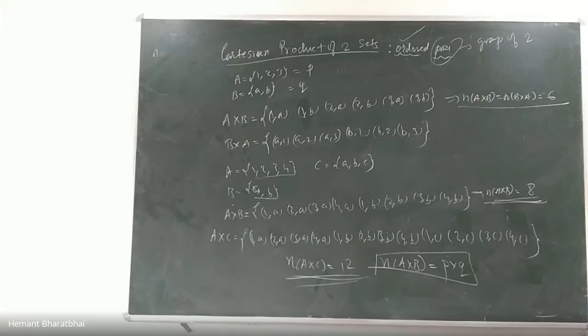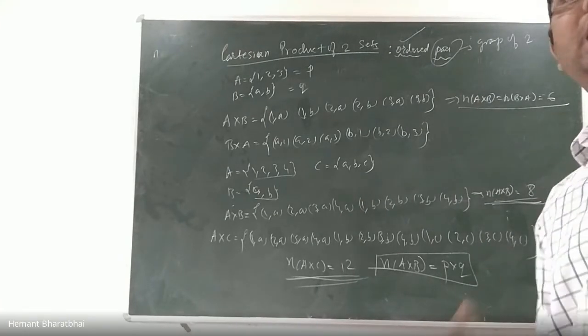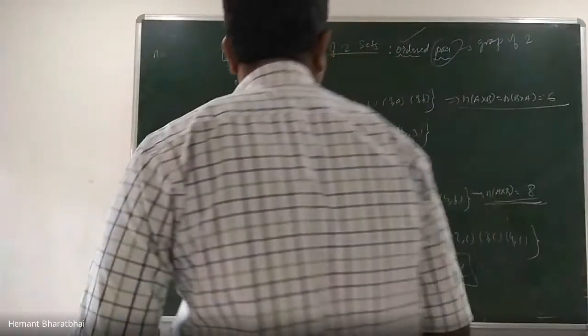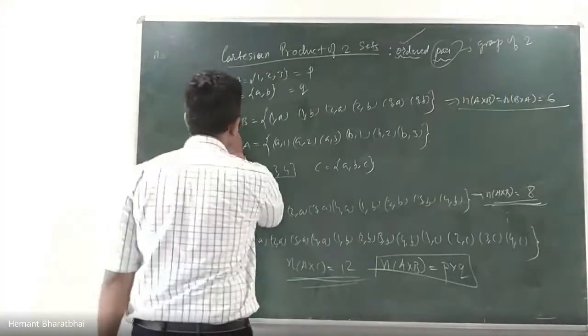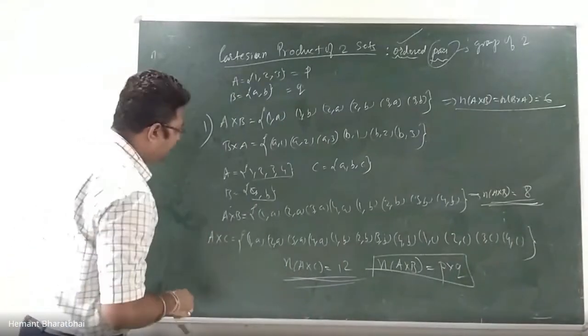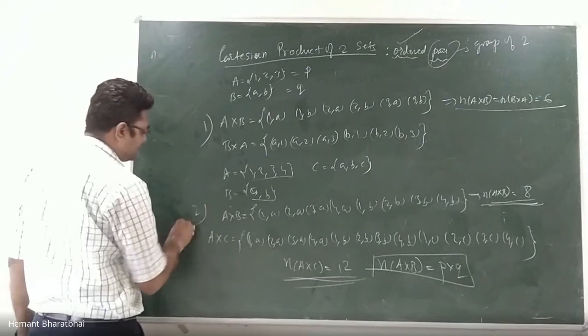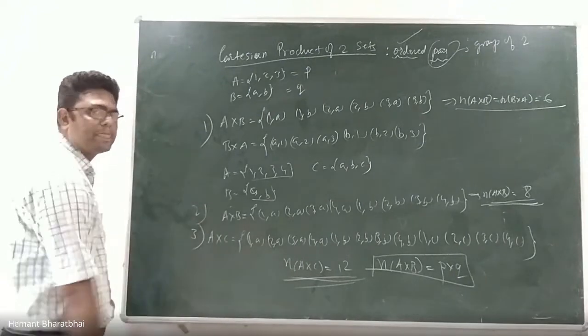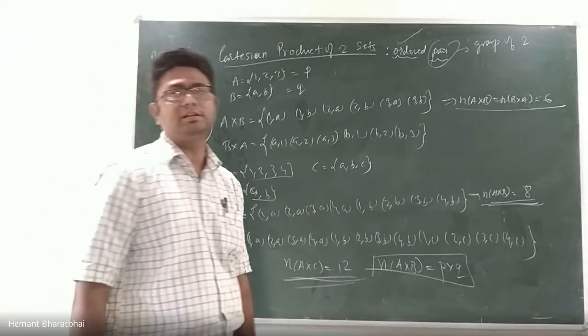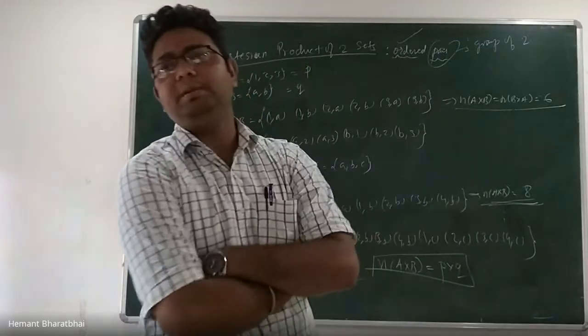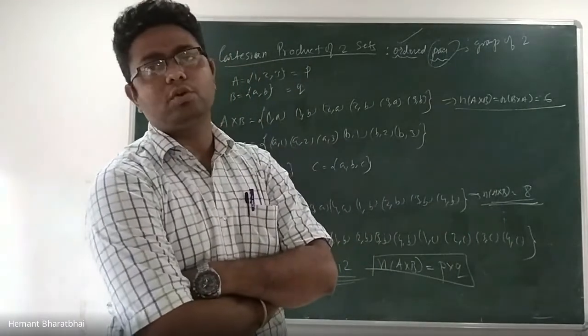Now if I ask how many elements will be there in the first Cartesian product, the second example and the third example, we have already done that. The number of subsets will be nothing but 2 raised to the total number of elements.